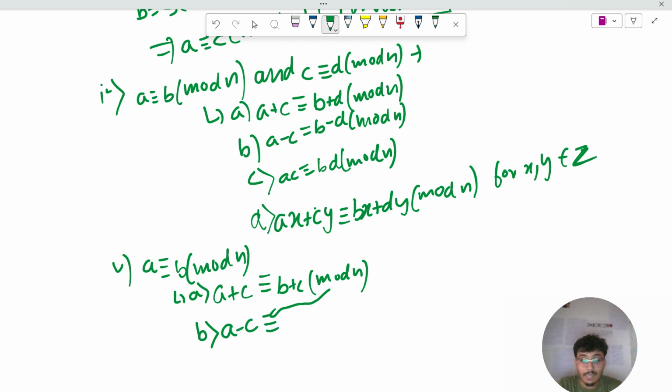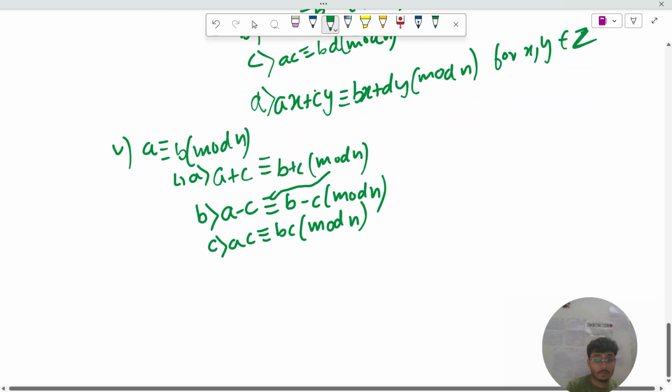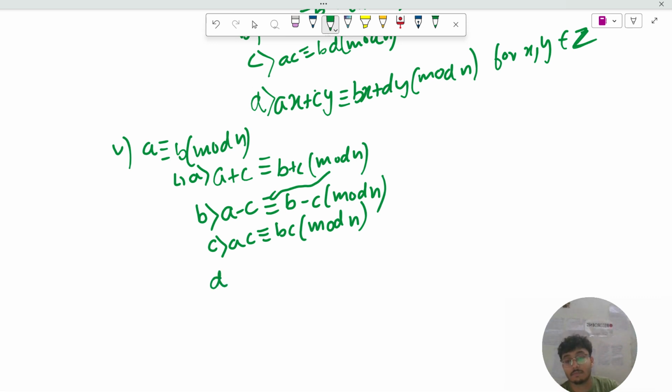A minus C is congruent to B minus C mod n. AC is congruent to BC mod n for any C belonging to the real numbers. Some huge problem with electricity in this area. A to the power M is congruent to B to the power M mod n.